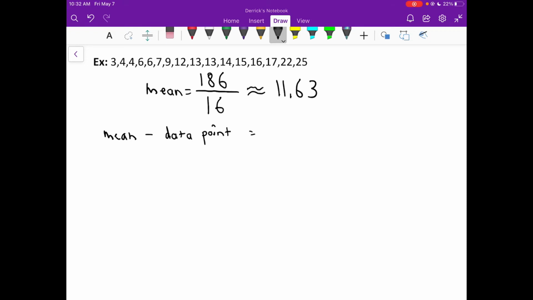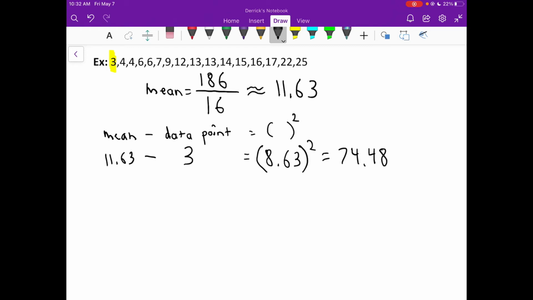After we find that difference, we're going to square it to get our actual number that we're looking to use. For example, I'm going to go from left to right, so I'd take 11.63, my mean, minus our first data point of 3. 11.63 minus 3 is 8.63. Now, I want to square that difference that we just found, and we would get 74.48. That is the first of 16 numbers that we need to find.